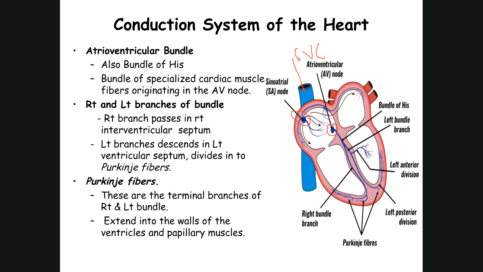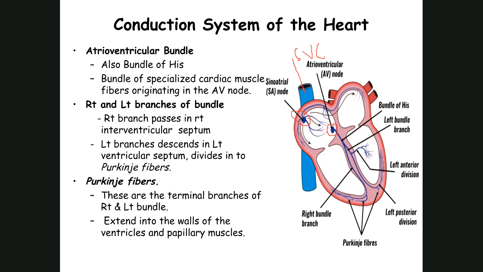Okay. These right and left bundle branches again divide, and they are called Purkinje fibers. The atrioventricular bundle is also called the bundle of His.